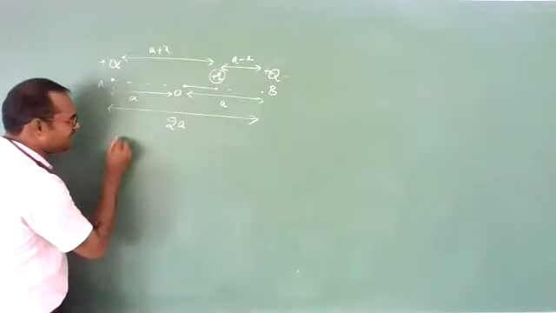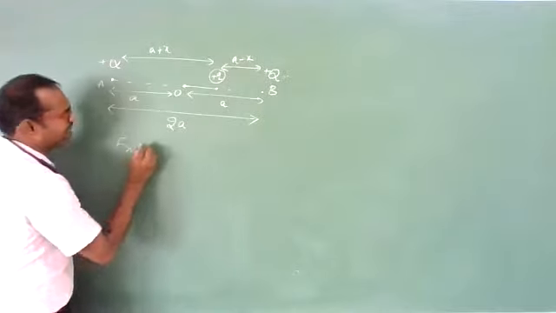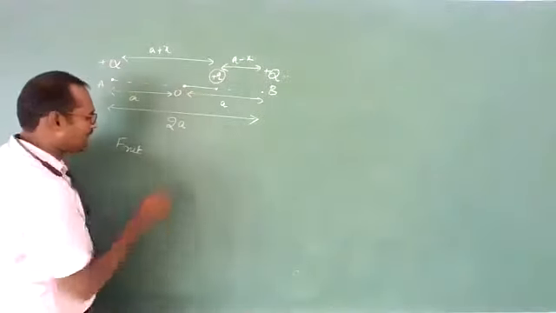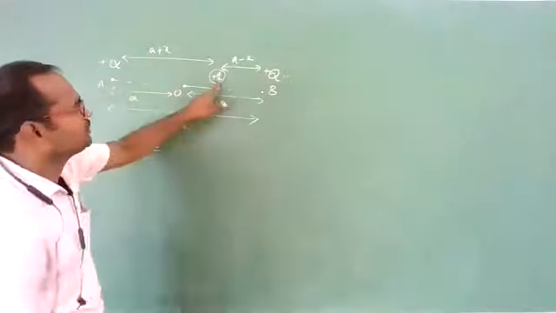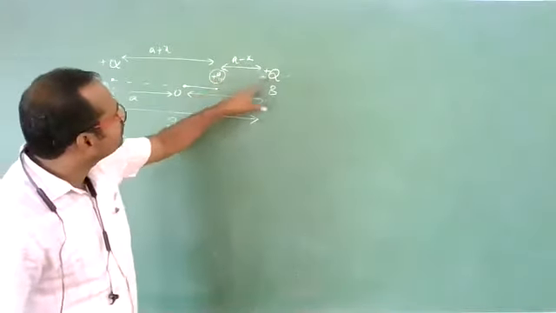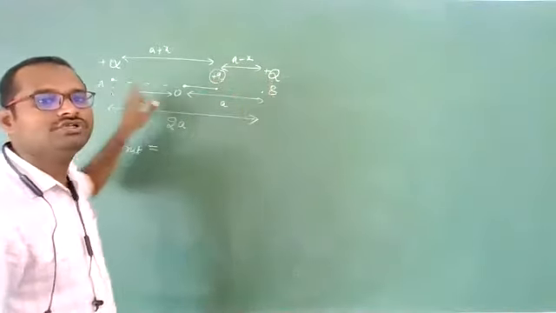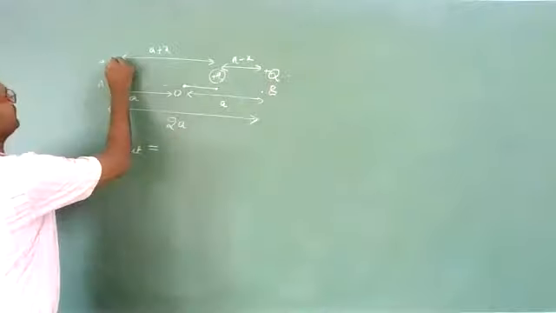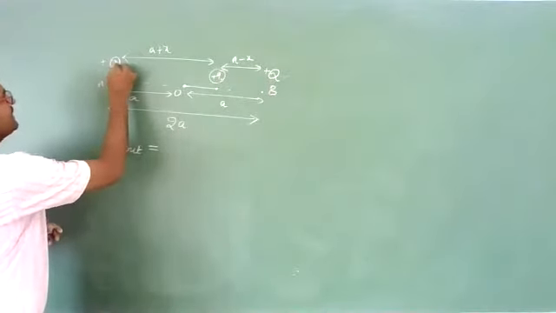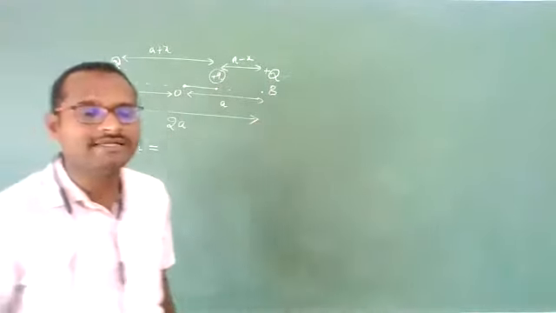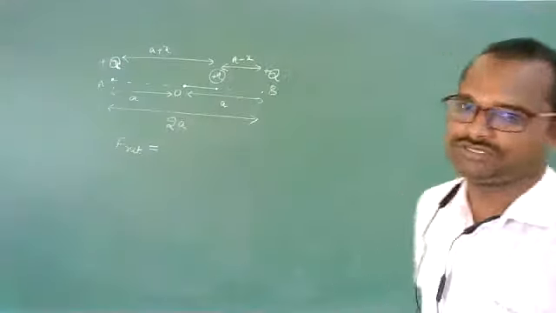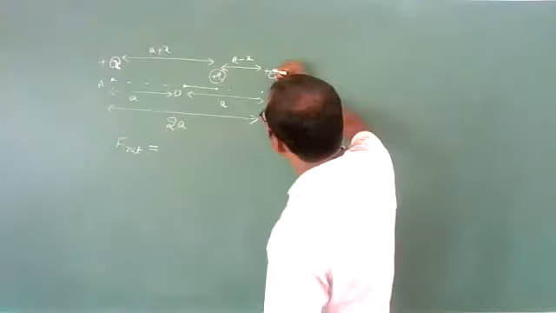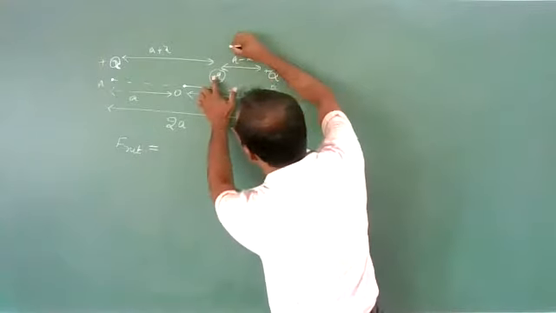Now first write the net force. Net force acting on this charge. There are two forces acting on this charge now. They are the force due to capital Q at B and the force due to capital Q at A. Clear, students? First you need to write according to directions.